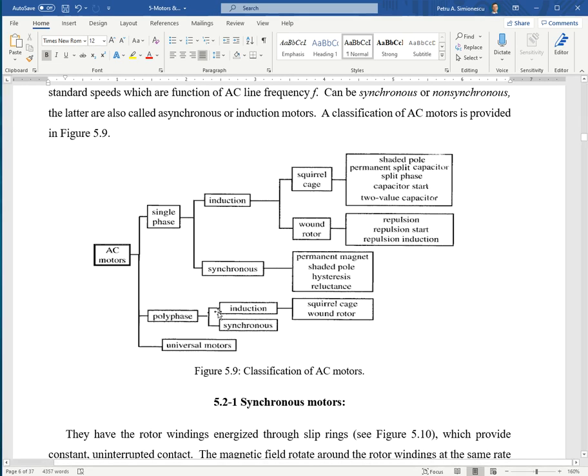Okay, so for induction, 3-phase, primary polyphase, you can have that squirrel cage or wound rotors, and then there are universal motors, a separate category. These are commutator type motors. They can run both on AC and DC.